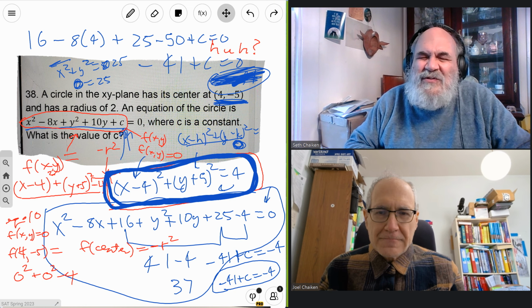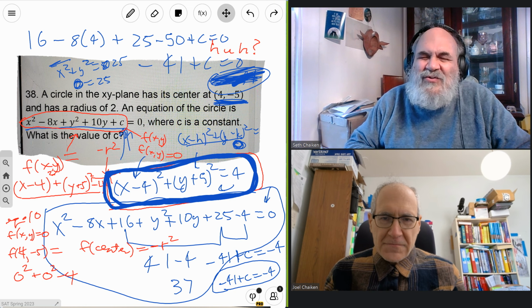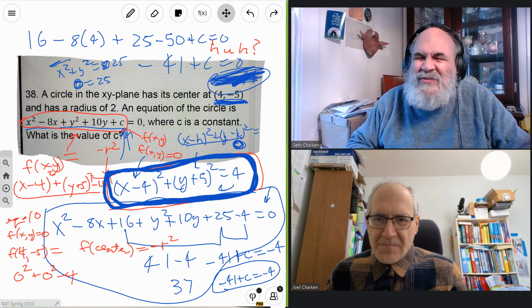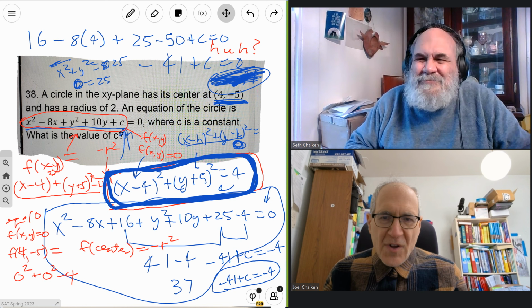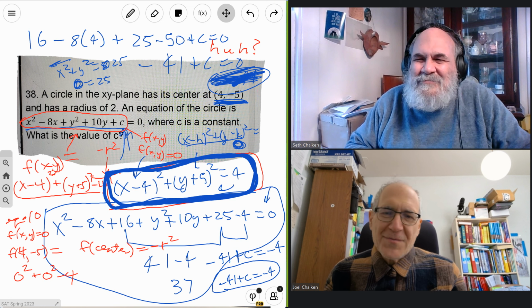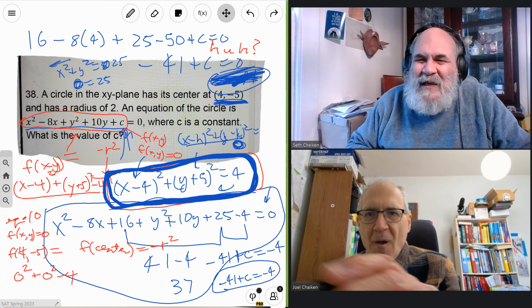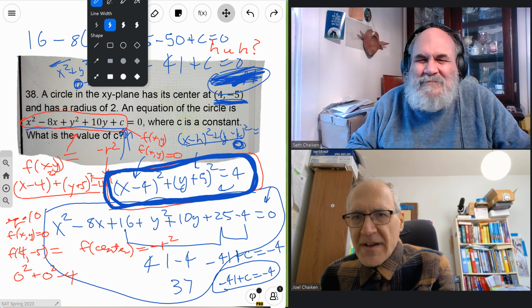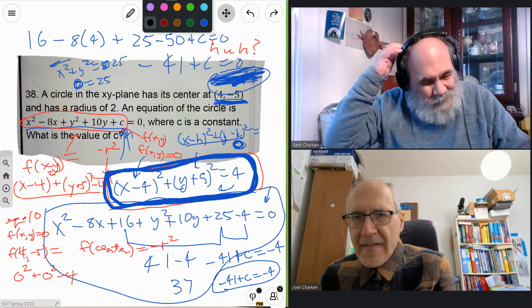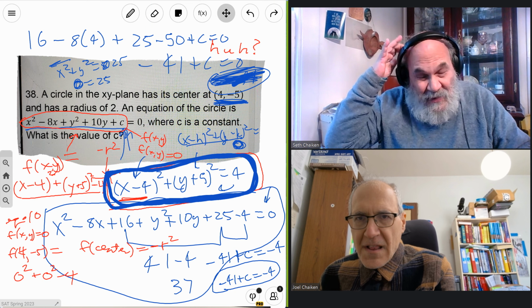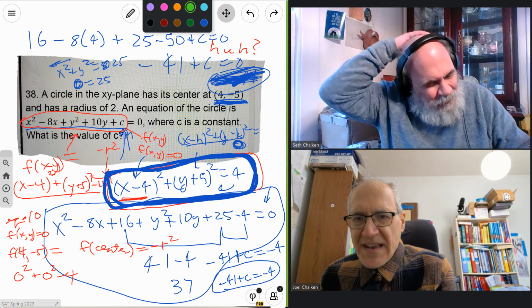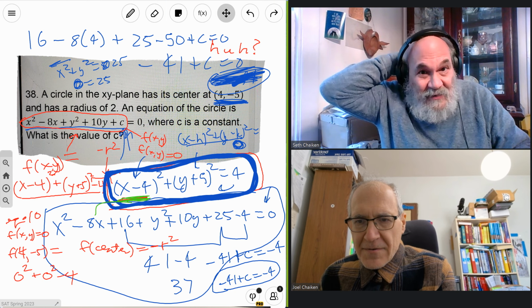They gave you the center so that you could complete the square very easily because they told you what to do. When you say complete the square, you just multiply it out. You just multiply x minus 4 squared out.